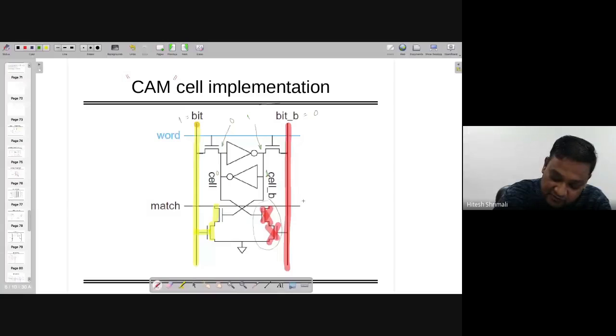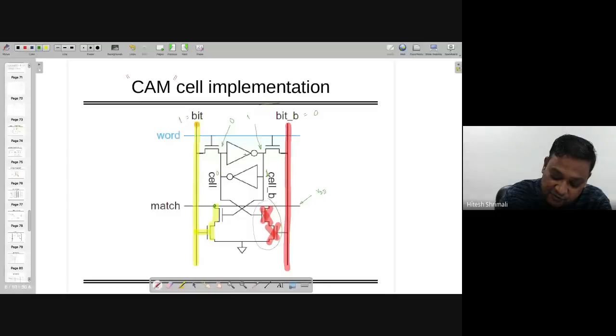However, because of this connection, or you can say after the propagation delay required from this transistor and this transistor, this line is going to go from VDD to 0 volt because there is a strong connection from this point to this point, right? So this line is going to go from VDD to ground.